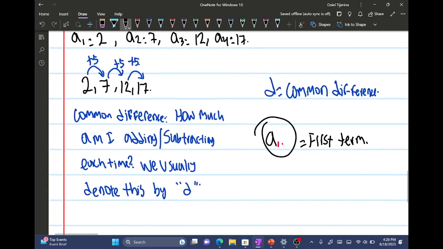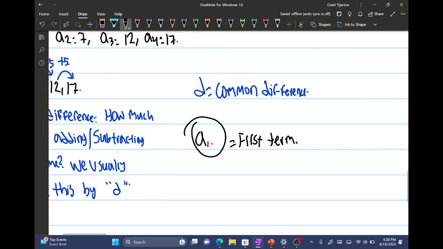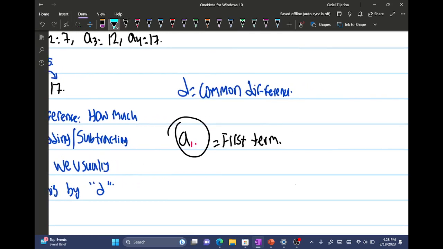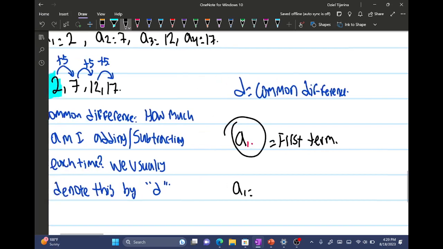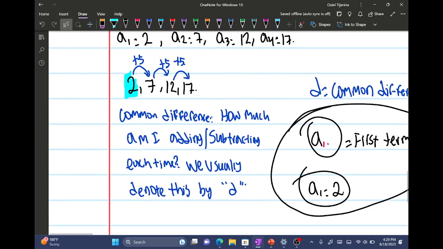So here A sub 1 would be denoted by 2, because that's the first thing I start with. A term meaning a number, right? So in my example, A sub 1 is 2.